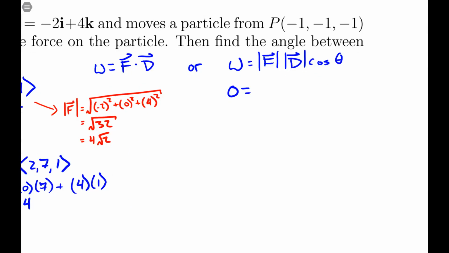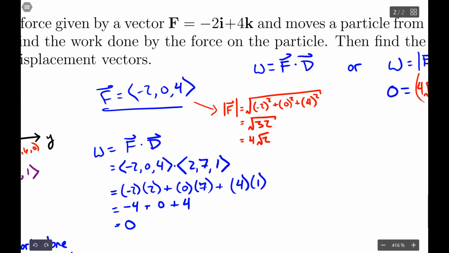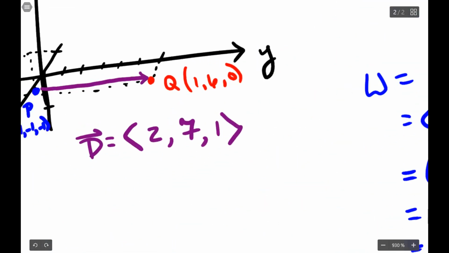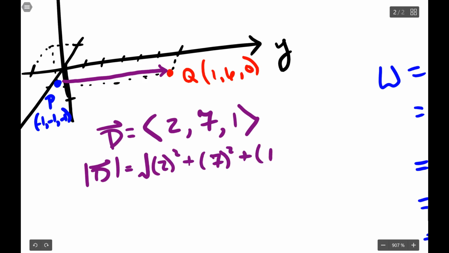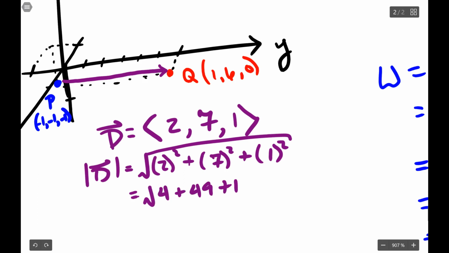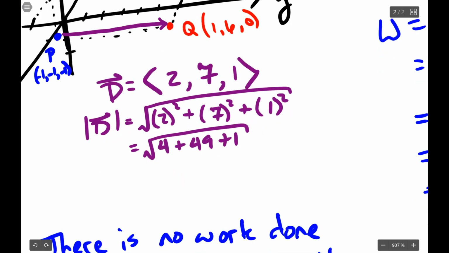So over here we can say the size of the force is 4 root 2. The size of the displacement, well, the displacement is 2, 7, 1, so this means that the size of the displacement is the square root of 2 squared plus 7 squared plus 1 squared, which gives us a square root of 4 plus 49 plus 1, which is the square root of 54.